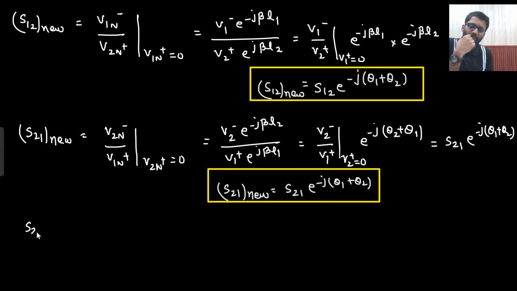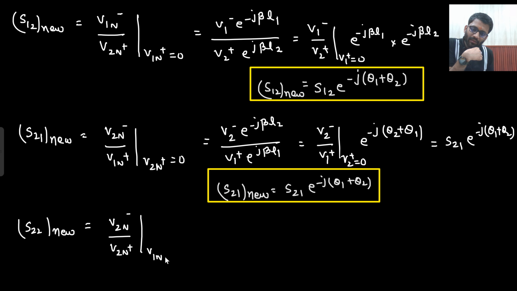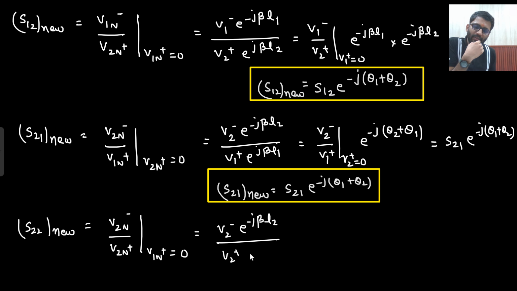What about S22? S22 new will be V2n minus upon V2n plus, considering V1n plus is equal to 0. So that would be equal to V2 minus e to the power minus J beta L2 divided by V2 plus e to the power J beta L2.